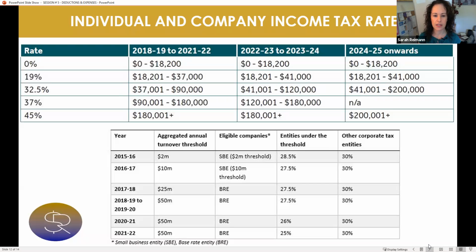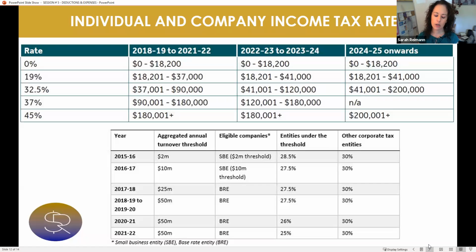One of the tables is the individual tax rates at the top there, which say 0, 19, 32.5, 37 and 45%. They're the individual tax rates and what they're going to be currently and in the next few years. And then the second table is the company tax rates and what they've been and what they're going to be in the next few years.